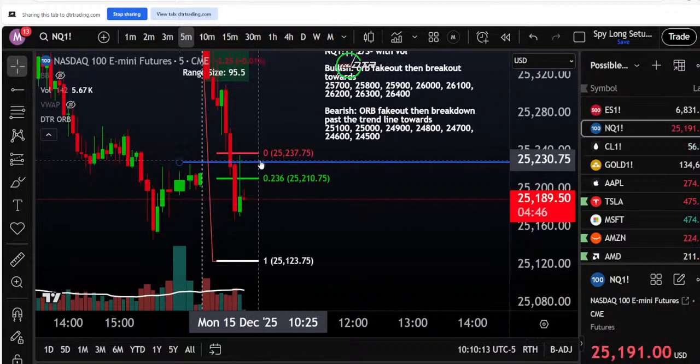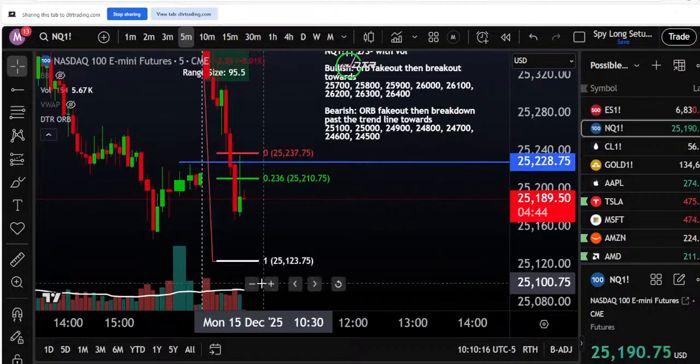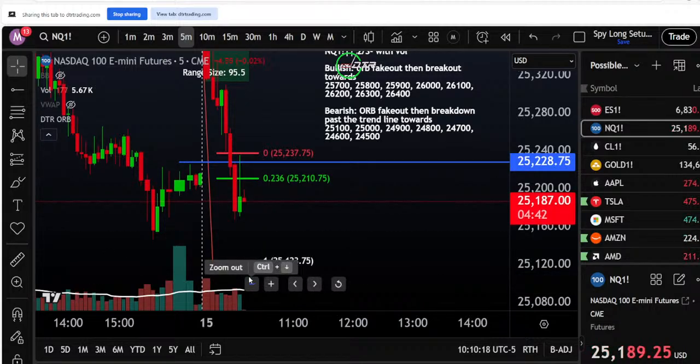No, Cole, the issue is that we've not had an entry pull back into 228. So we don't have a risk reward or an entry that is justifiable.